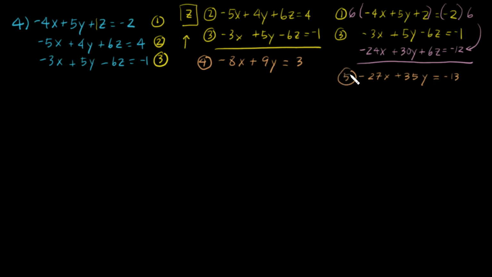Okay? Now, we have two equations with just two variables, the same two variables. Let's go ahead and rewrite it. This is where everybody got stuck. They're like, oh, we don't want to do too much work, but look at this one. We have to do a lot of work.